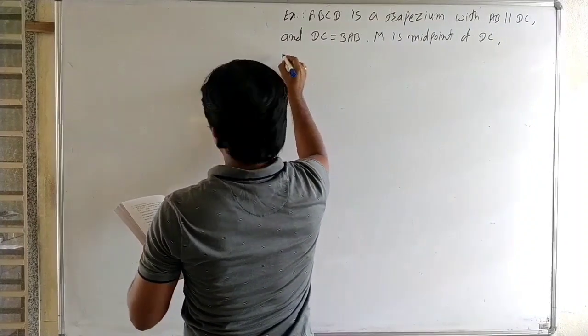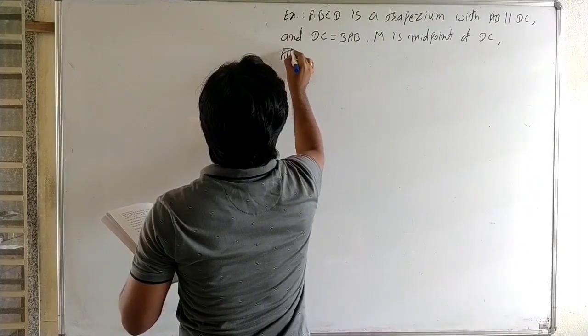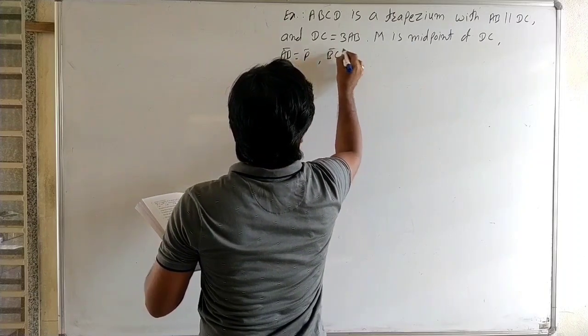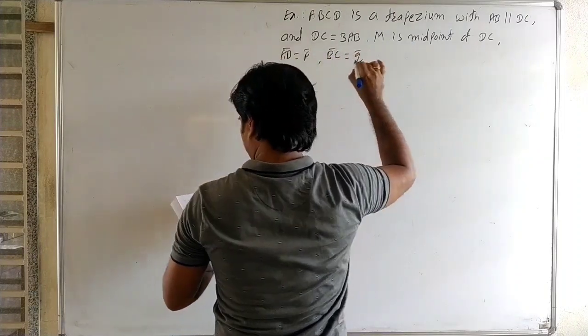Vector AB is equal to P bar, vector BC is equal to Q bar.